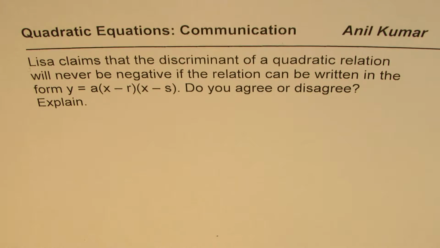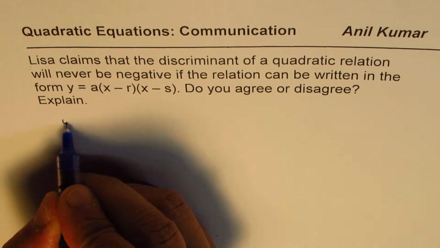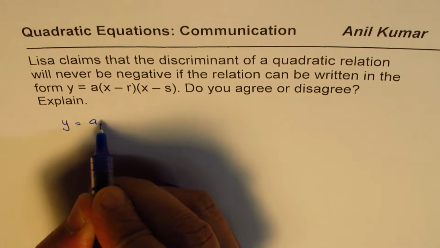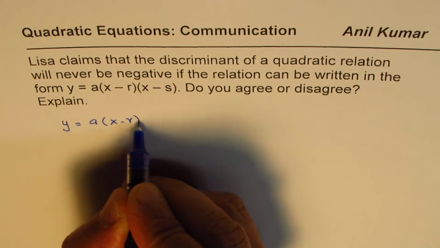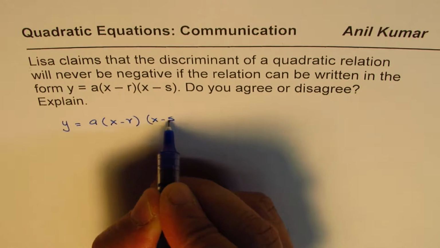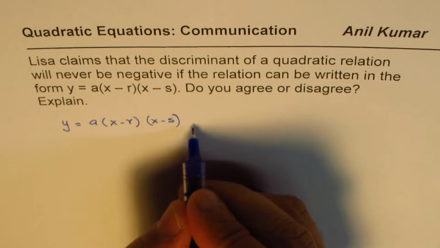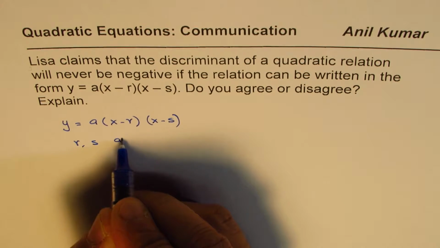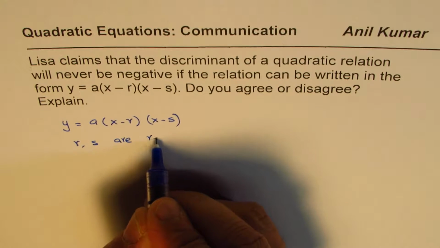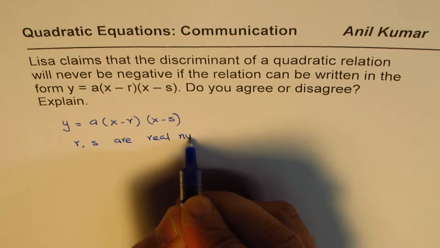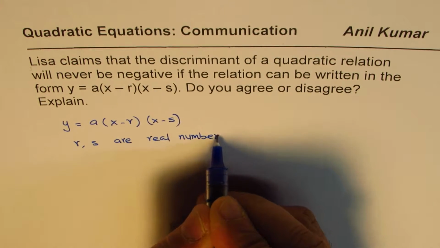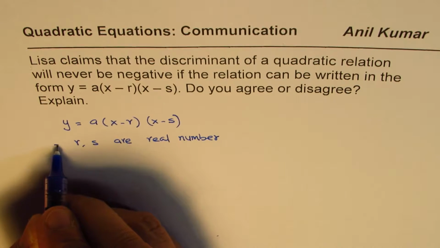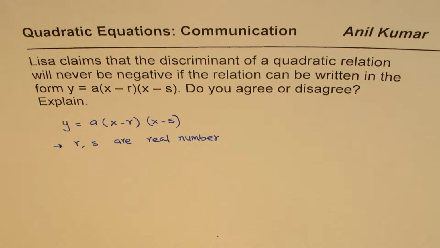Now we are given the equation y equals a times x minus r times x minus s. We'll assume here that r and s are real numbers. This is our assumption to answer this question, and that is very important.